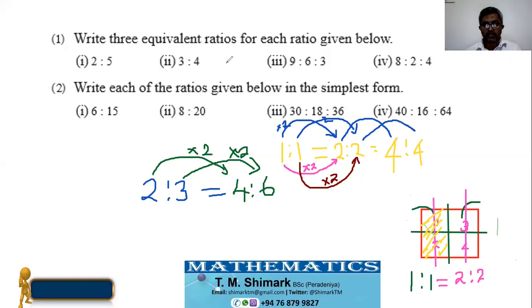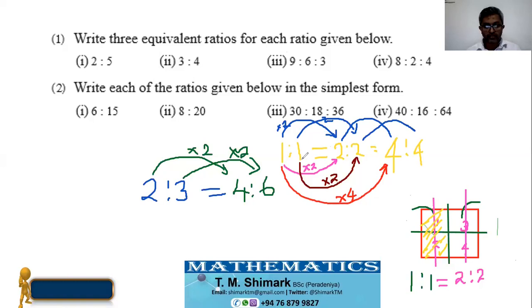Now here, if you take this one, this became 4. 1 became 4. How does it become 4? Only by multiplying by 4. This one is multiplied by 4 and made 4. You cannot do it only for 1.